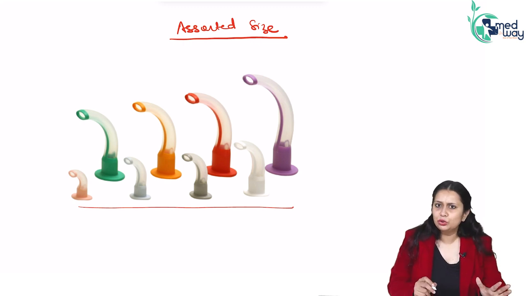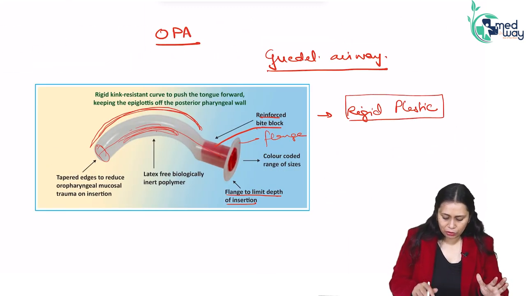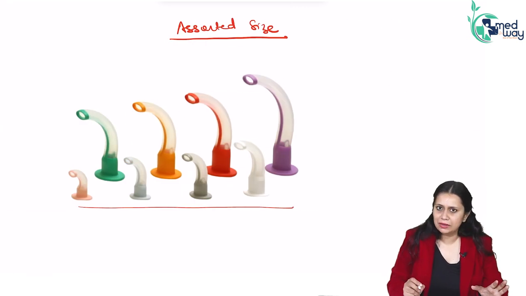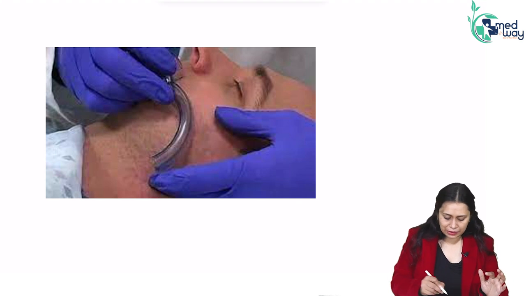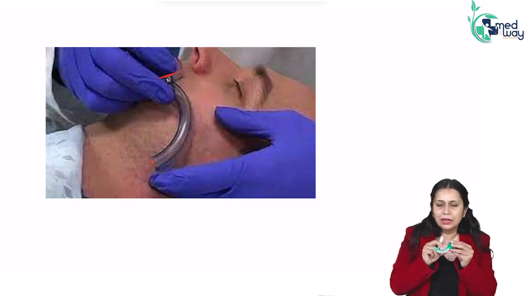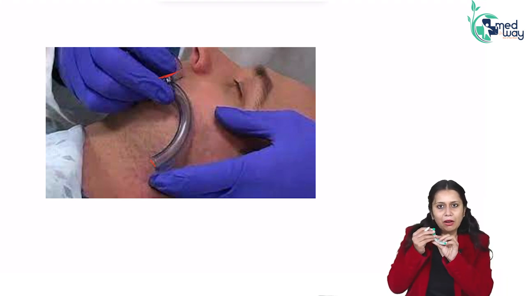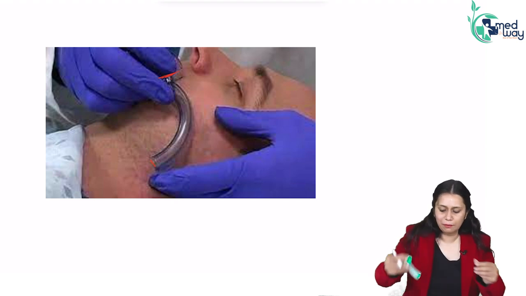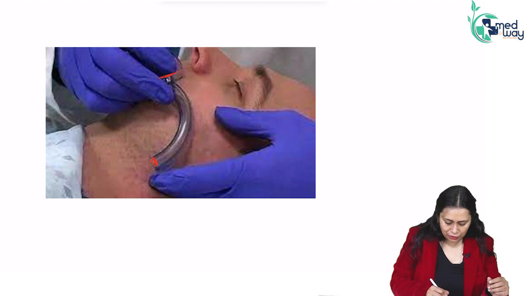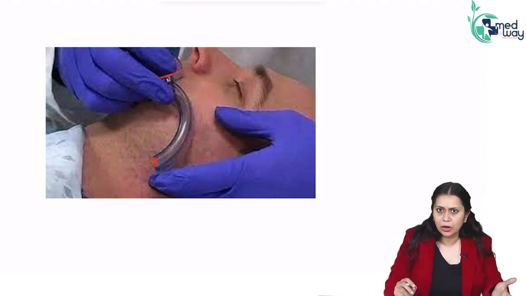Color coding is according to the sizes. So how do we choose the correct size? You hold the flange at the angle of mouth, and the tip should correspond to the angle of mandible.